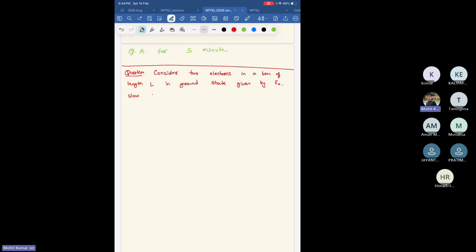Now, two boxes are pushed together to form a bigger box.